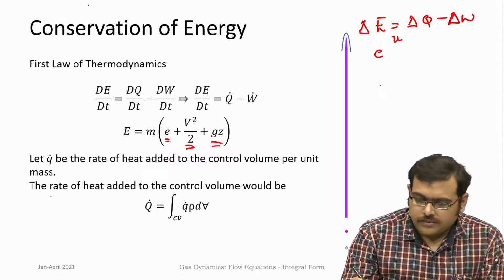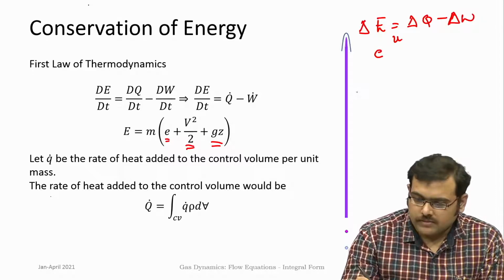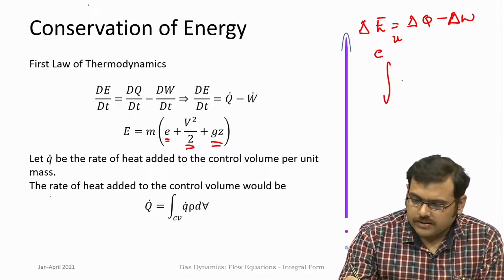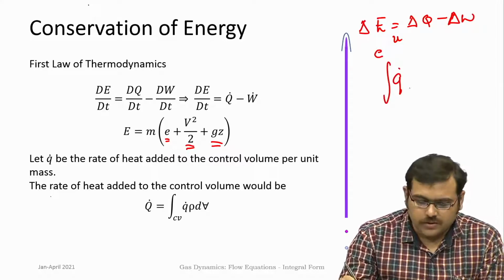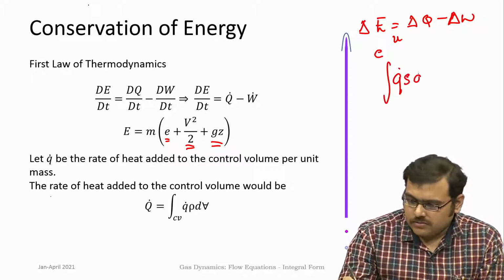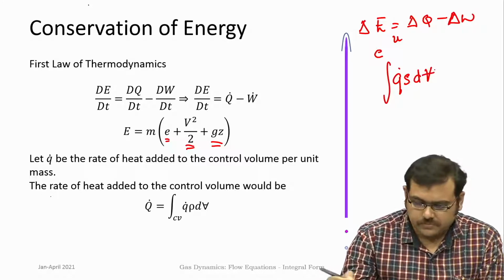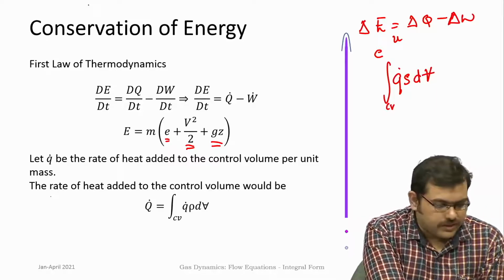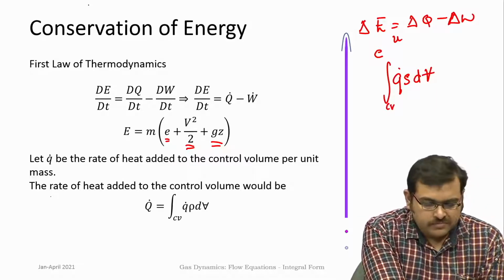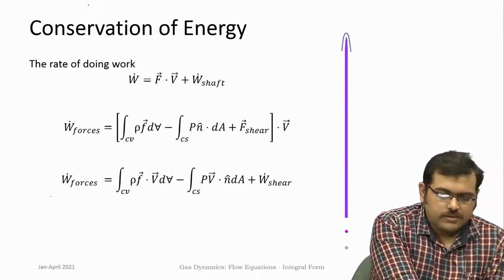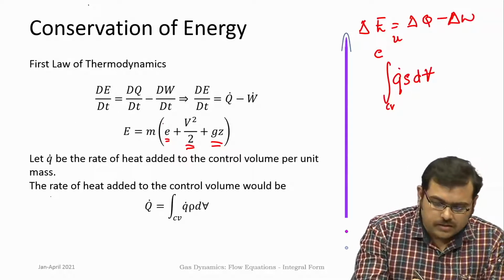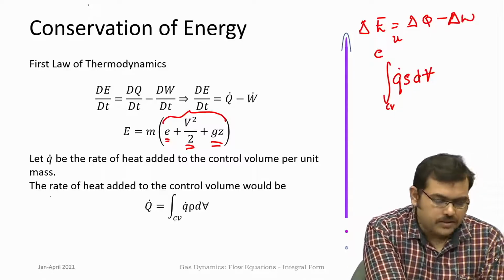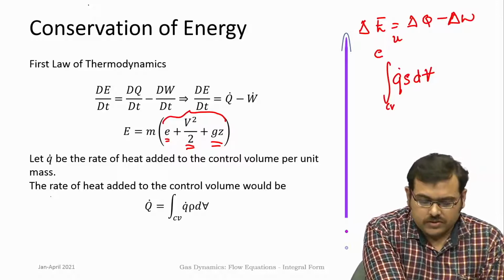So, the total heat that is added to the control volume can be represented as integral of Q dot dV over the control volume. Now, from this, the intensive property for energy is this parameter E plus V square by 2 plus Gz.